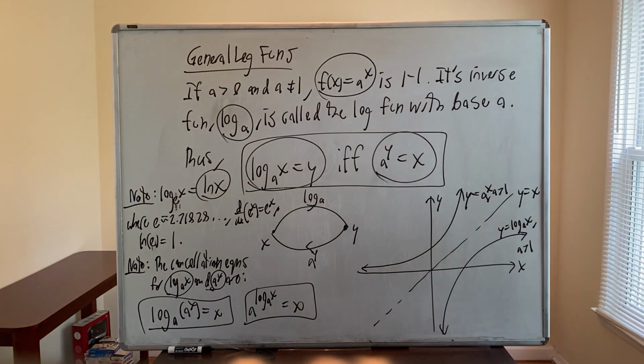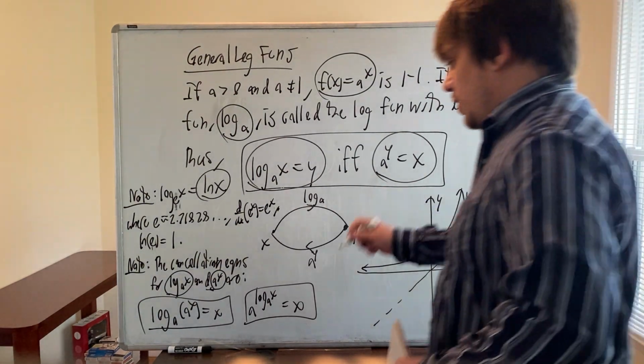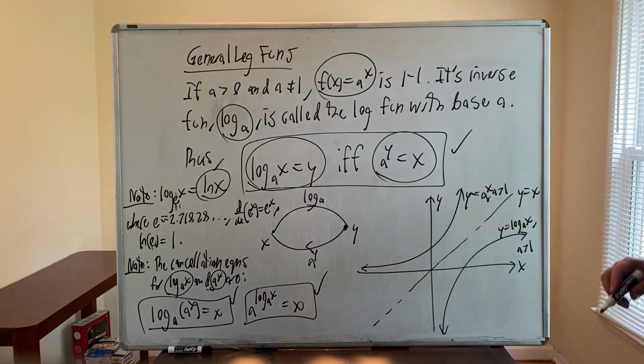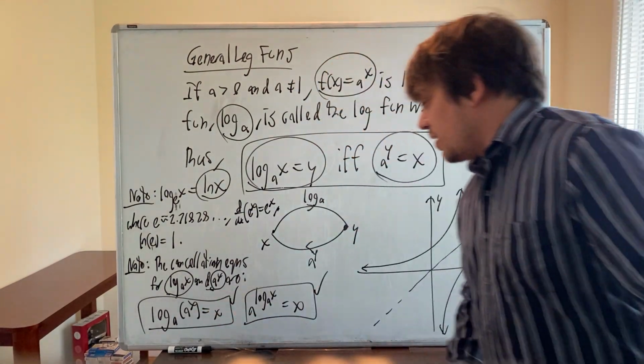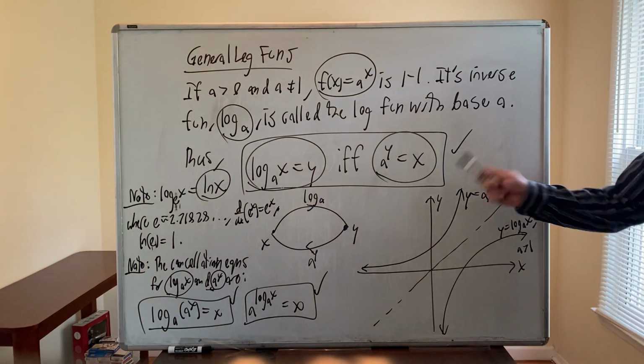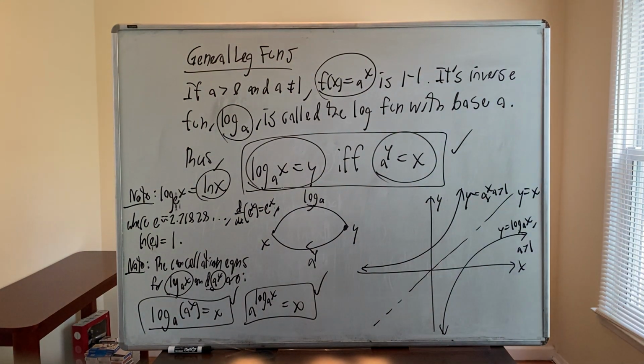Those are two cancellation equations for these functions that are inverses of each other. You need to know these. Those three things on this board you should pay special attention to, and you should know those graphs too.